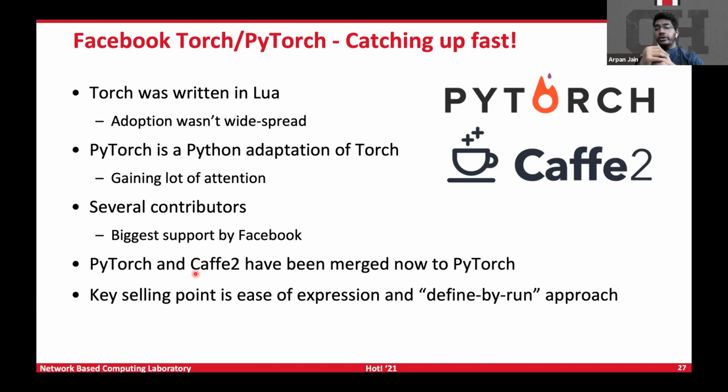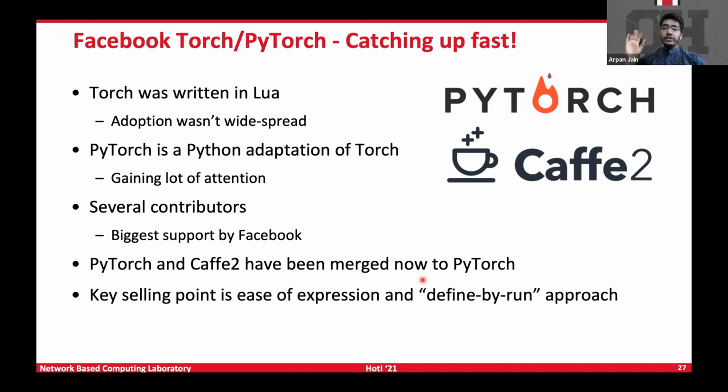And the key selling point of PyTorch is the define-by-run approach. PyTorch is one of the first deep learning frameworks which proposed this approach. In contrast to TensorFlow, PyTorch lets you run the deep learning model as you design it. So let's say you have added layer one, and you have hundreds of layers in your model.